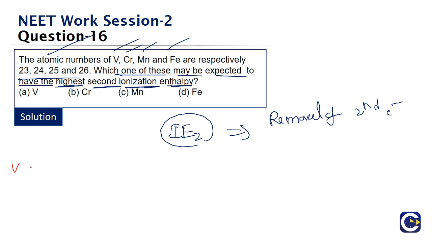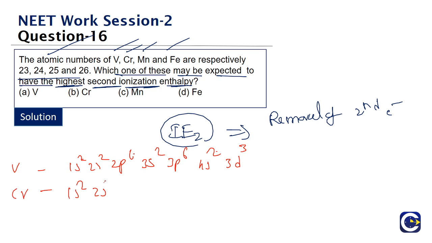So look at normal vanadium. What is it? 1s2, 2s2, 2p6, 3s2, 3p6, 4s2, 3d3. So this is vanadium. Totally count it: 10 plus 10, 20 plus 3, 23. Then comes chromium.